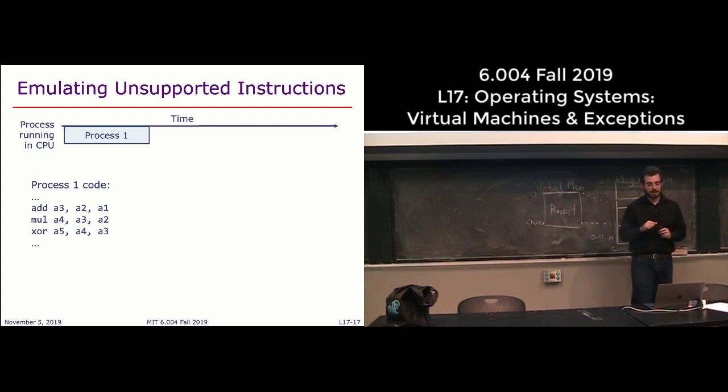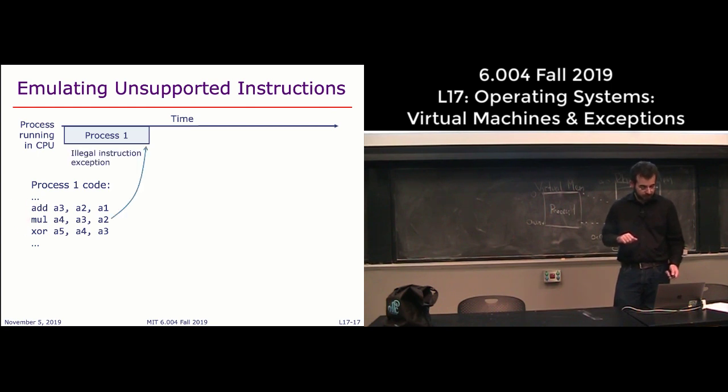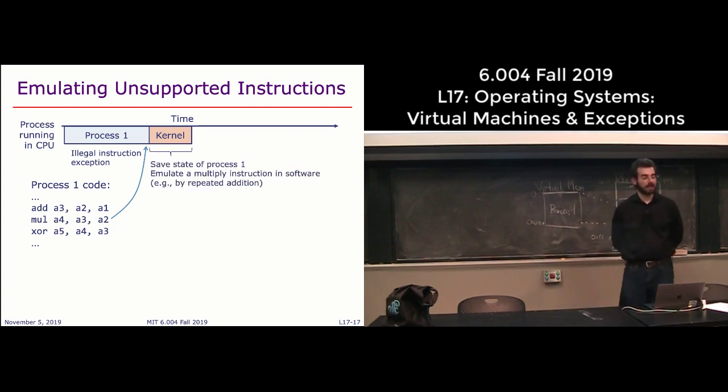Right? So specifically, this is what happens. Process 1 is running here, right? It has an add instruction, a multiply instruction. The processor wants to run this instruction, and then it figures out that it is an illegal opcode. So it raises an illegal instruction exception, and the kernel steps in. Now the kernel does a few things.